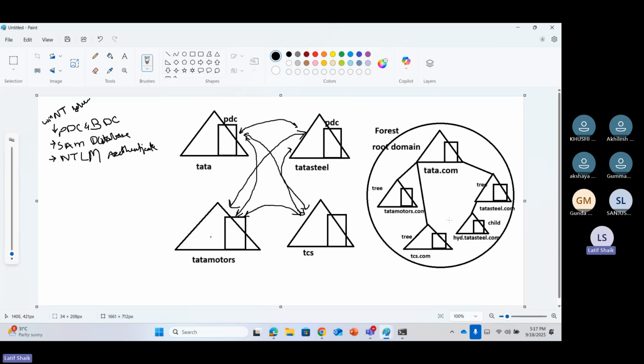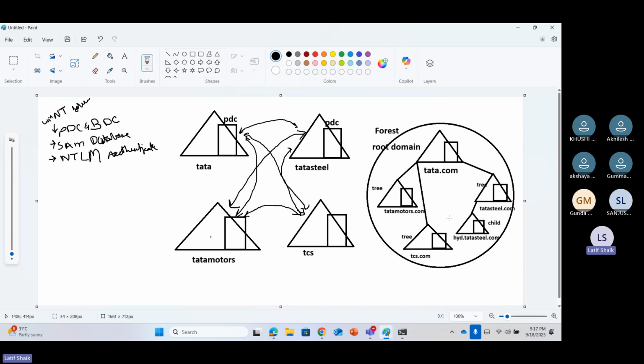Within the forest, domains trust each other, so no need to create trust relationships here. Because all are in the same forest, they trust each other. And this forest creates a logical boundary, so one forest and another forest are separate. It won't allow any other forest to access you.